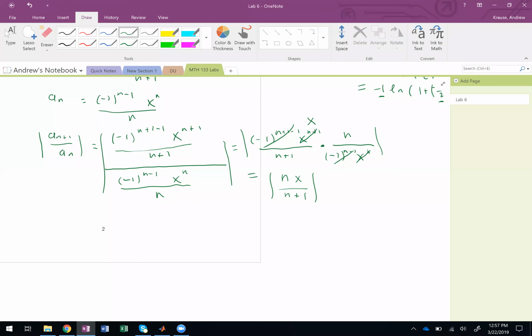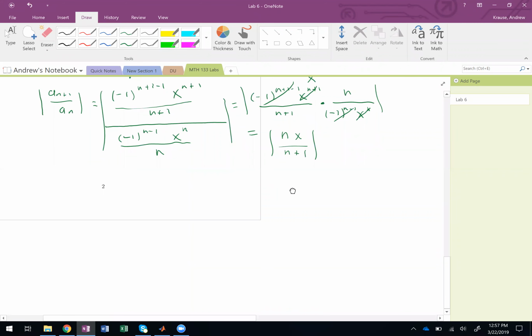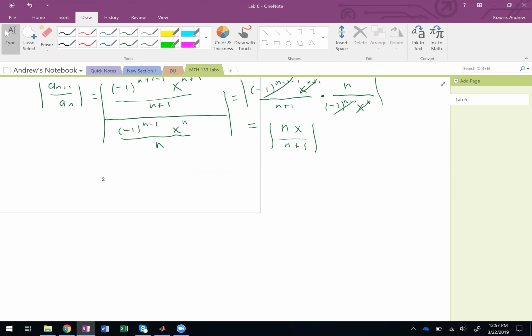Okay, so now to finish out this ratio test, we take the limit as n goes to infinity of this ratio, which was n times x over n+1.